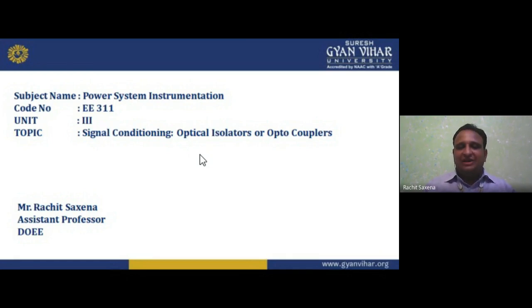We have LVDT, RVDT, thermocouple, strain gauge, photoconductive and photovoltaic cell, also known as solar cell, and piezoelectric crystals.